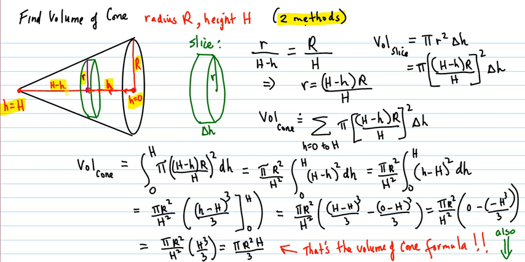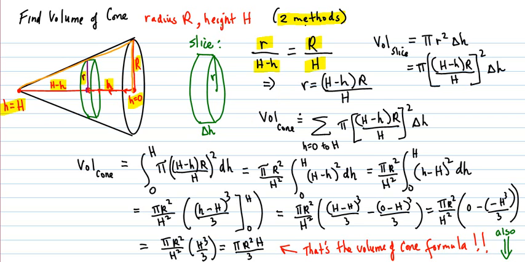This length here is capital H minus h, so we set up a ratio of little r is to capital H minus h as the big radius is to the big height, because you have this similar triangle set up here.